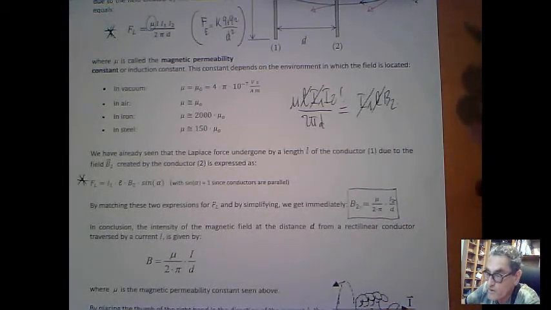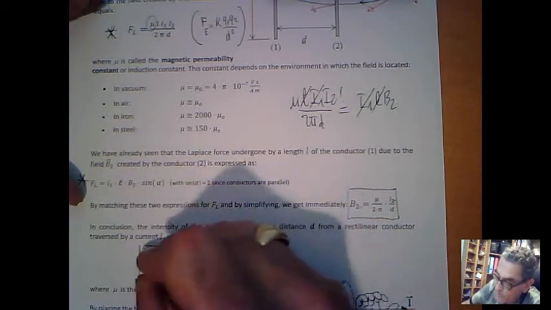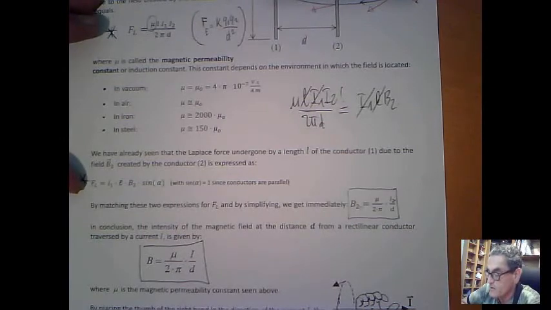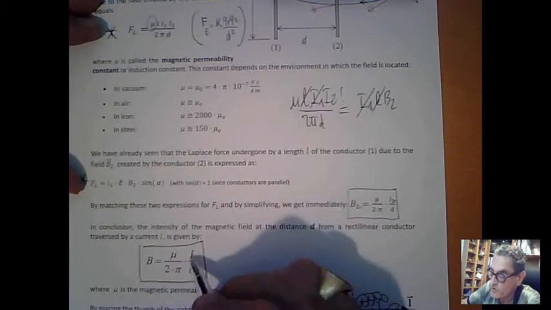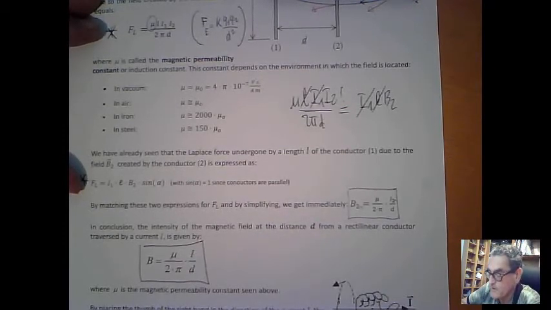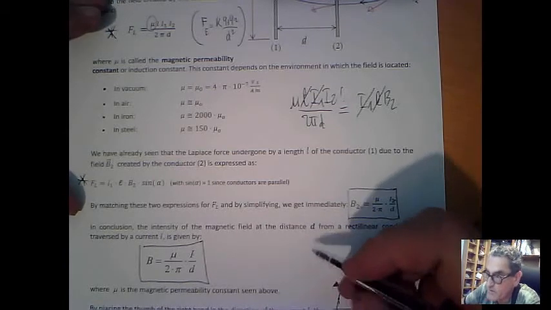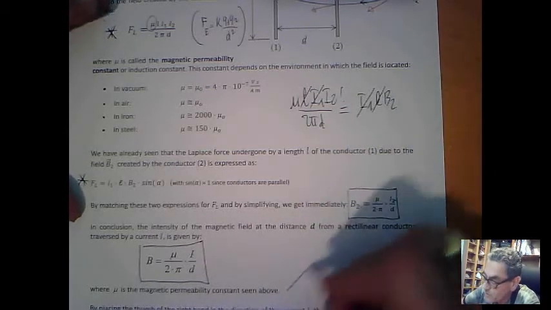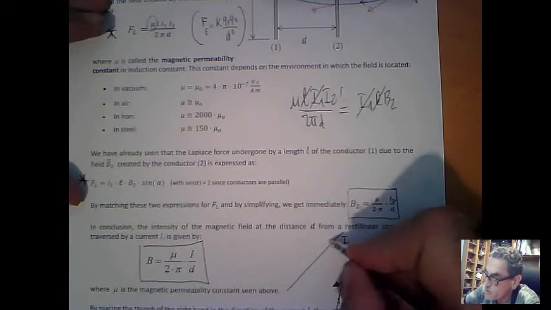But if we generalize that to a current I, then we find this law, which gives you the magnetic field at a certain distance from a wire as a function of the current. So how should we understand that? As I already said before, the magnetic field is kind of turning around the wire. So let's say you have a current here.